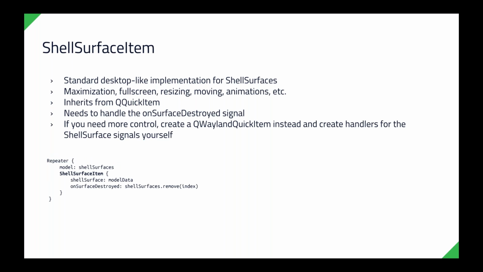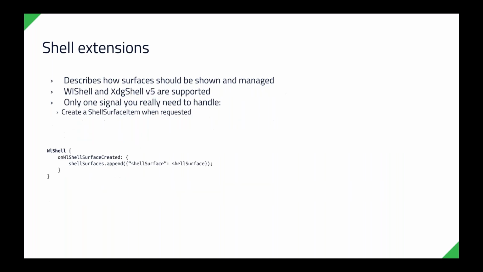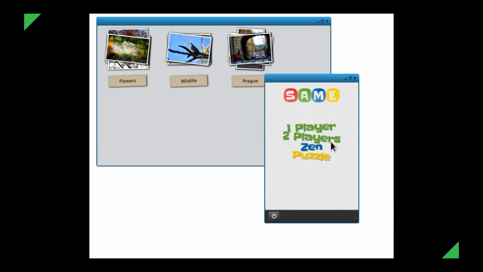So here, I'm back on the previous slide. You can see there's a repeater which uses the shell surfaces list, and it creates one shell surface item for each shell surface.